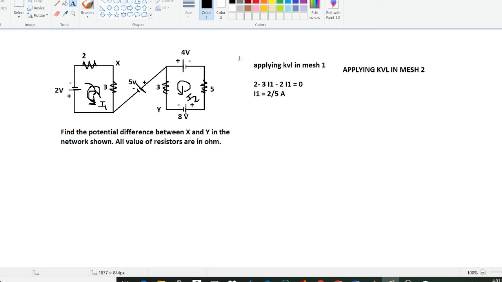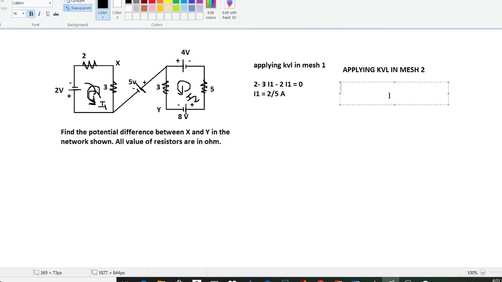So here we can write 8 minus 5I2 and again plus 4 volt is given, plus 4 minus 3I2, and that is equal to 0.